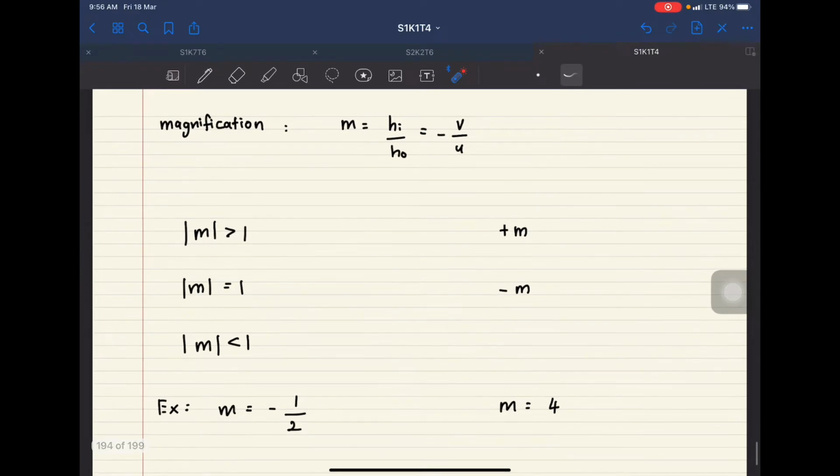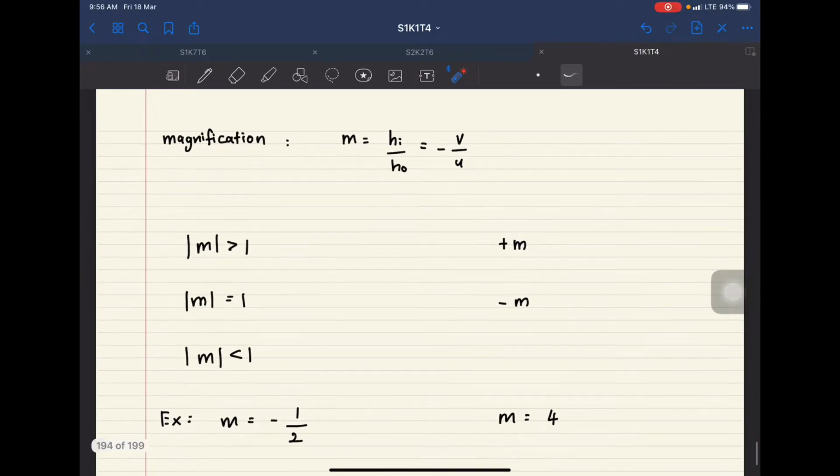The next equation is basically magnification. Remember, you just have a few equations.